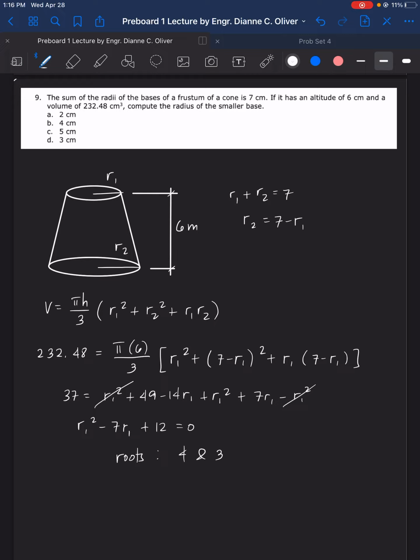Now if we're looking for the radius of the smaller base, wherein if we add the radii we get 7, therefore it's obvious that the radius that we are looking for is not 4, rather it is 3. So R1 is 3 centimeters. So the answer for number 9 is letter D.